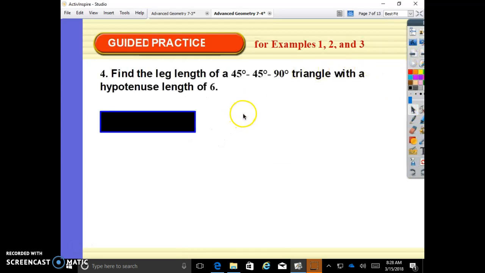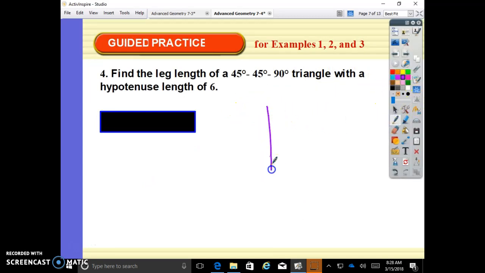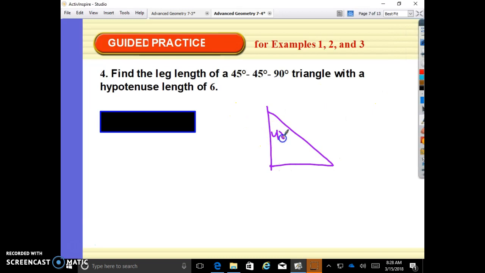Find the leg length of a 45, 45, 90 triangle with a hypotenuse of 6. We're looking for the legs. X, x, x rad 2. If x rad 2 equals 6, what is x? Well, I would divide by rad 2 on both sides.